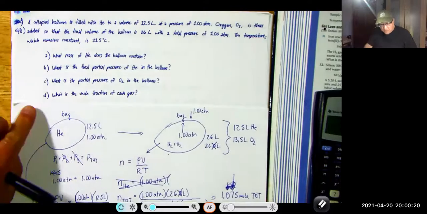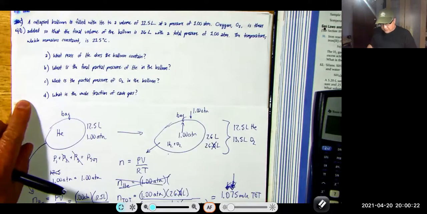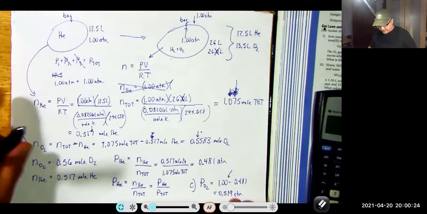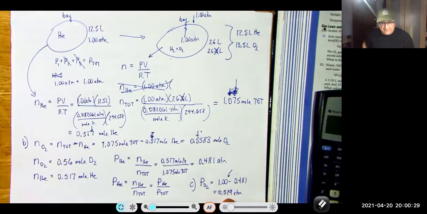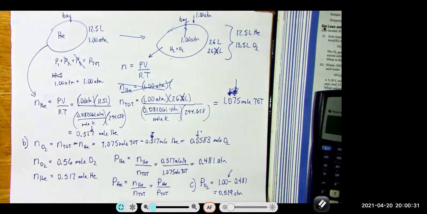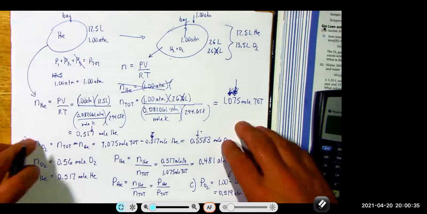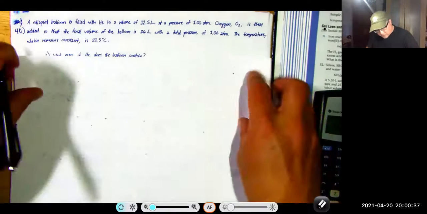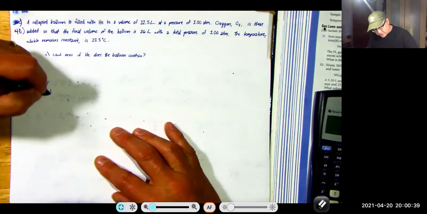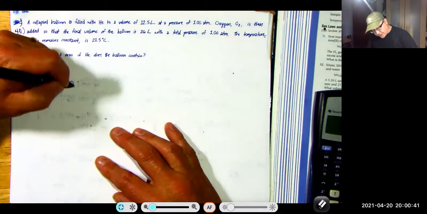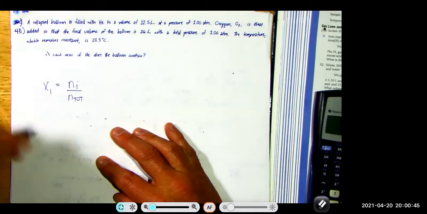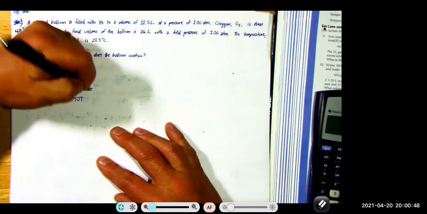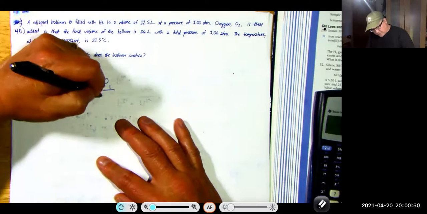And then what is the mole fraction of each gas? Well, the mole fraction of each gas is going to be 0.48 and 0.51. To actually calculate the mole fraction, you do X1 is equal to moles of 1 over the moles total, which also happens to equal the pressure of 1 over the pressure total.